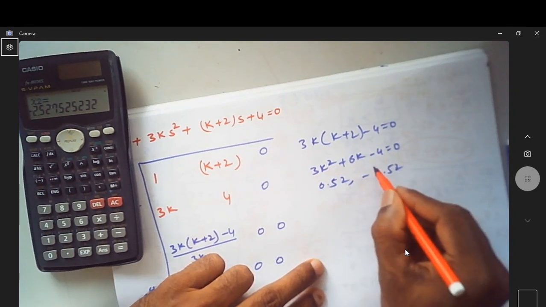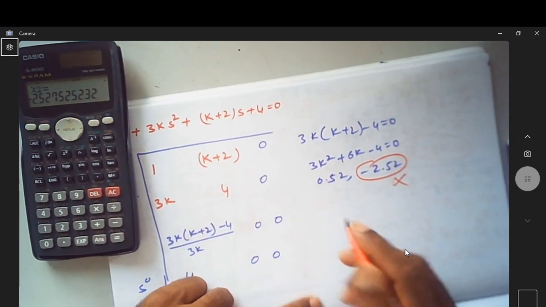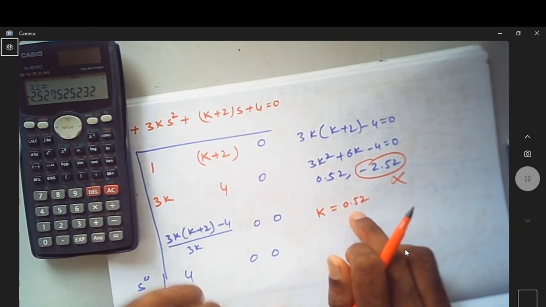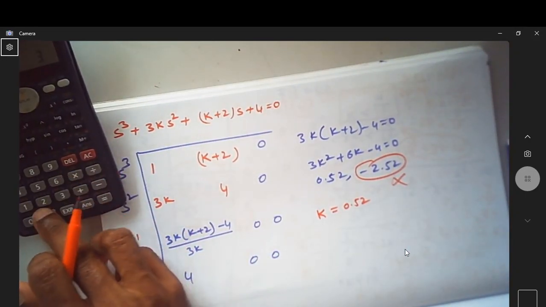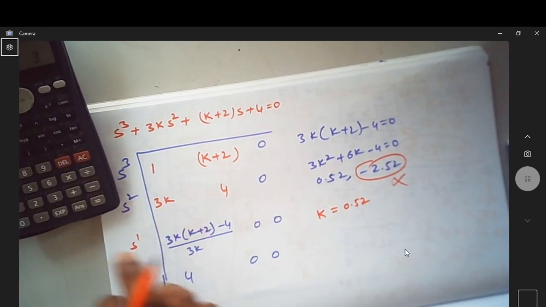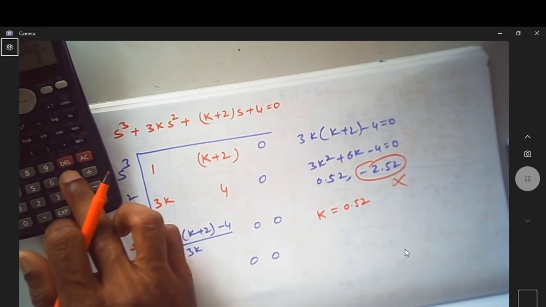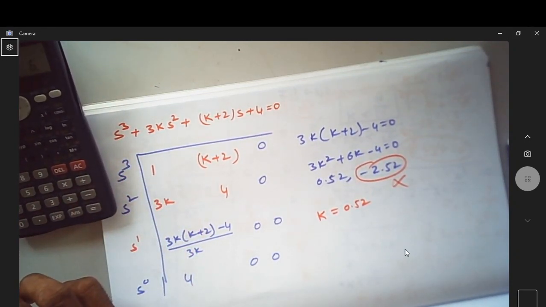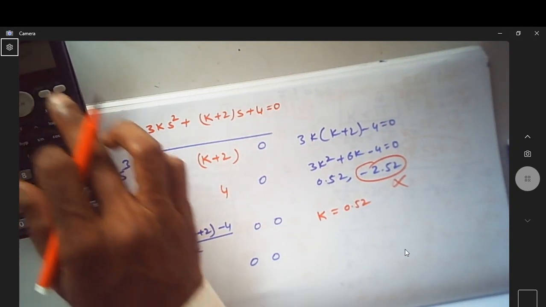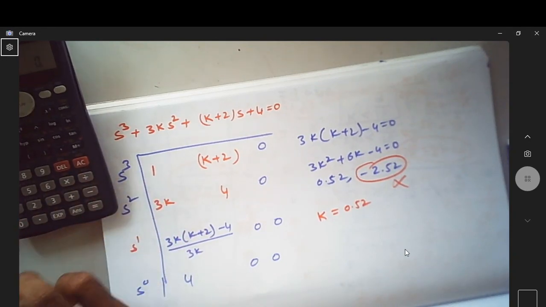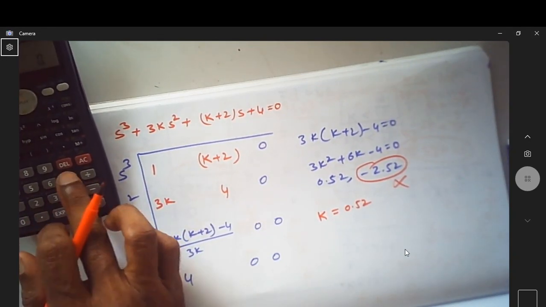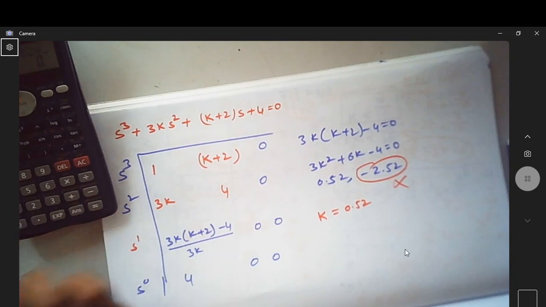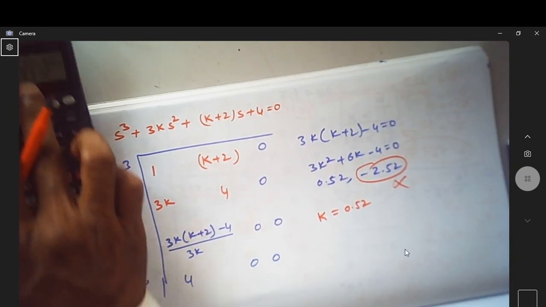So let us consider only the positive value. So this is a positive value. If the value of k is equal to 0.52, suppose you make this 0.52, then you can see 3 into 0.52 multiplied by 0.52 plus 2 will be almost equal to 4, just as a verification.